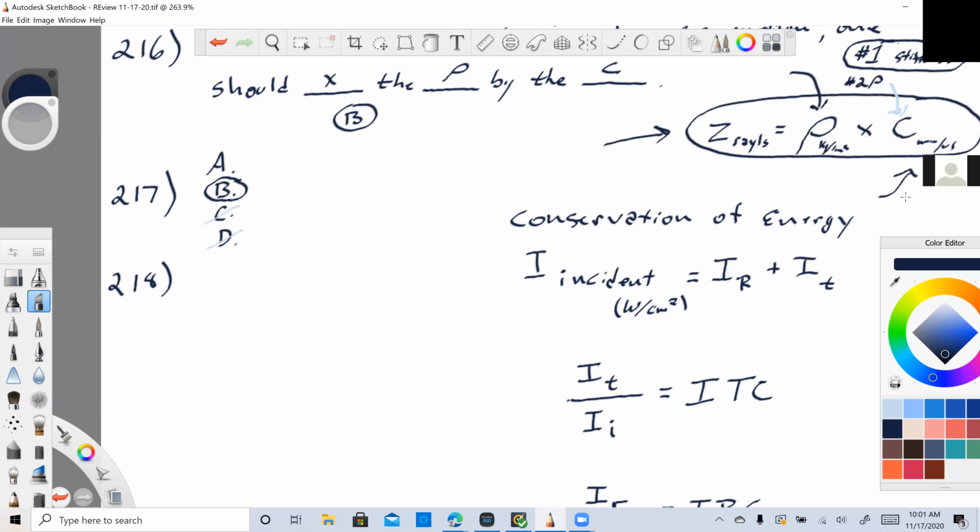That's a double tricky. 218, which value is closest to the impedance of soft tissue? You do have to know it's around 1.6 mega rayls.